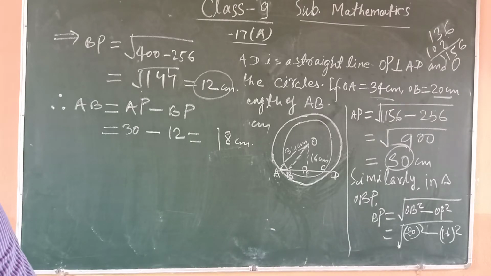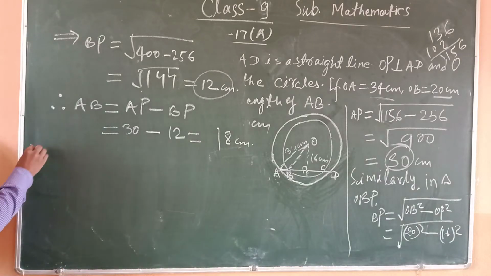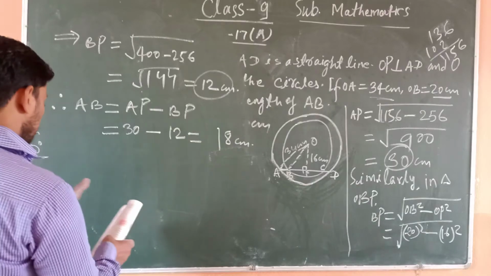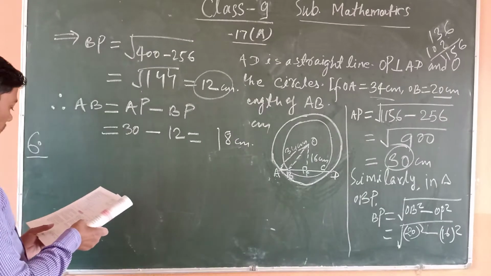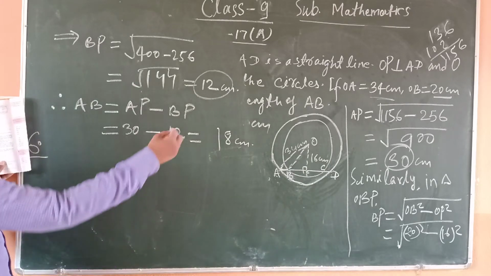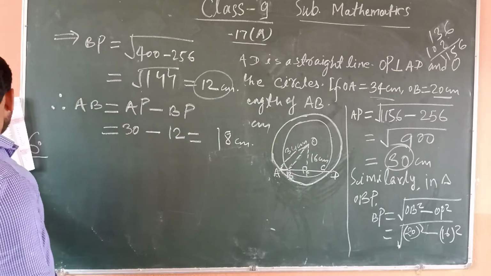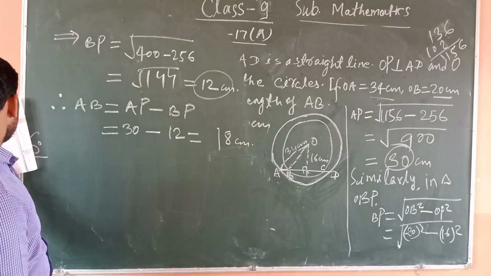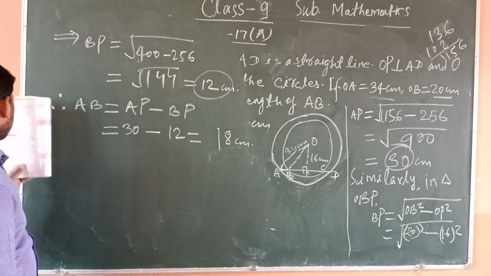Next question is number 6. In a circle of radius 17 centimeter, two parallel chords of length 30 centimeter and 16 centimeter are drawn.